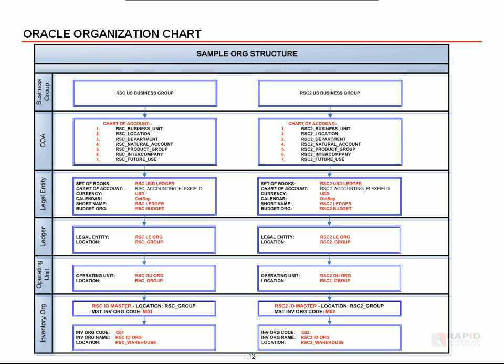To draw an Oracle org chart, it looks something like you can now see on the screen, where you can see we've got the business group, the chart of accounts, the legal entity, the ledger, the operating unit, and the inventory orgs, which includes the master and any child orgs. The names are documented there on the screen.